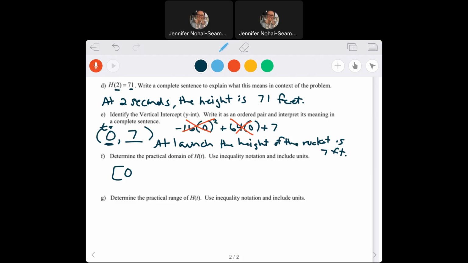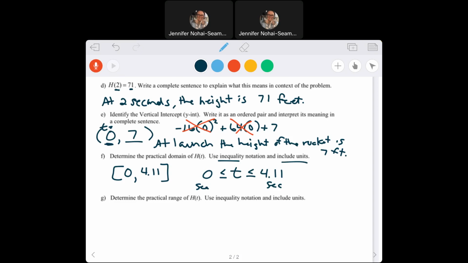And we found that earlier at 4.11 seconds. So that's the practical domain in interval notation. They wanted inequality notation, and so we'll have to just convert it here from 0 to 4.11. And then this is in seconds. All right, so seconds here, because it says here, include the units.